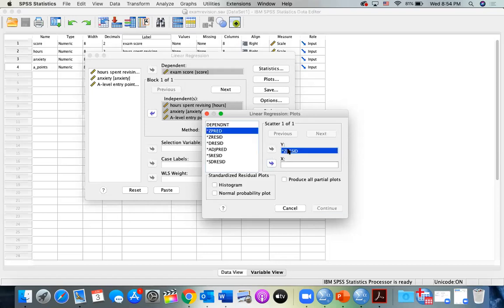Again, I'm going to do this again. So we want to move z residual to the y-axis and z predicted to the x-axis. And then just click on histogram and normal probability plot to get some plots.